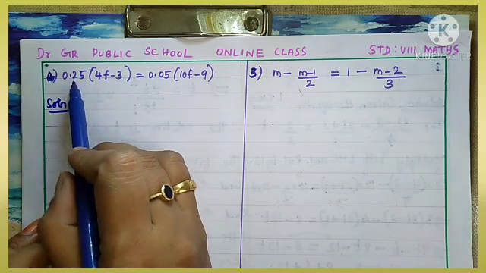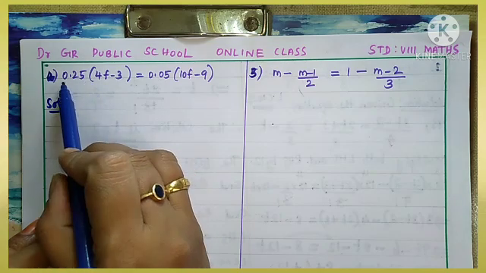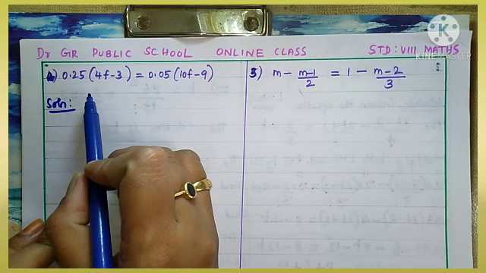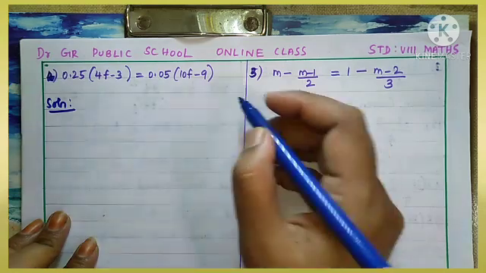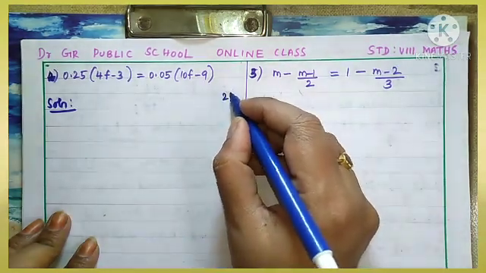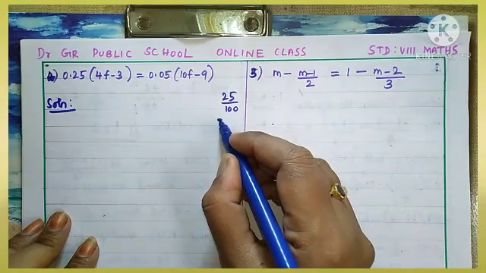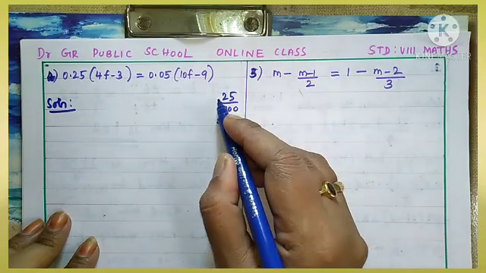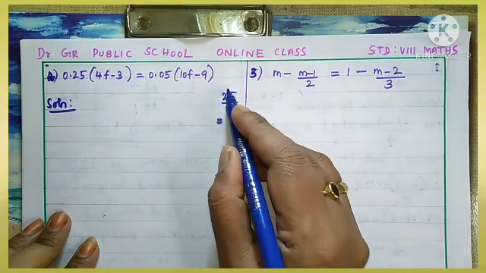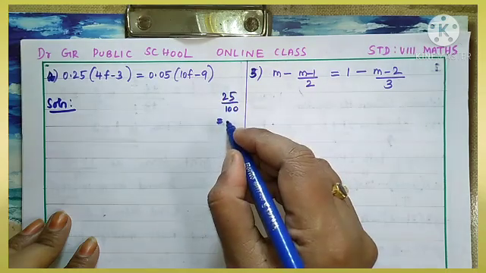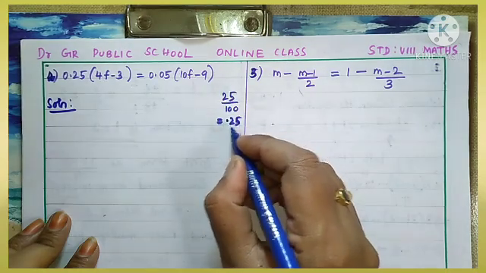What you want to do? How will you change this into fraction? 0.25 is equal to 25 by 100, correct? 25 by 100. When you divide by 100, the decimal will come before, that is 2 places we want to keep left side. So it becomes 0.25. Understand?